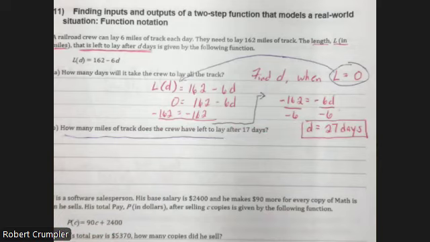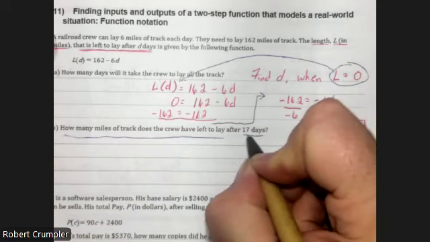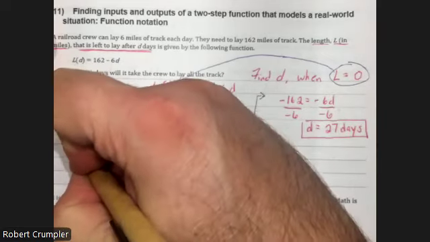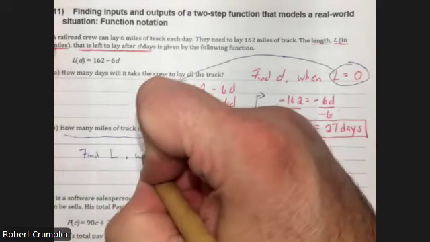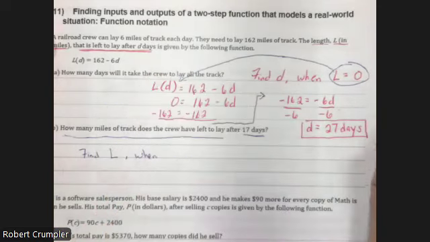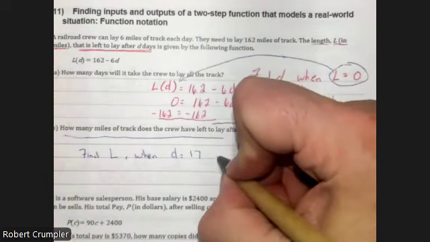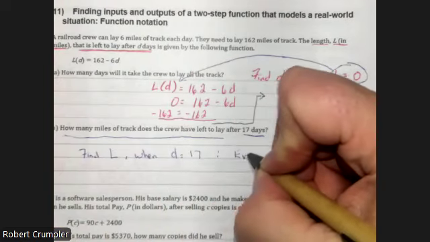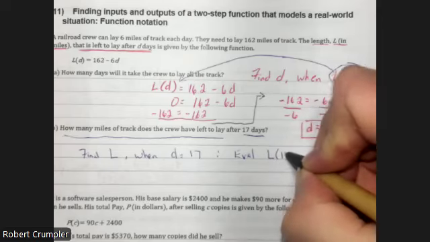That is our L, after 17 days. So this time we want to find L when D is 17. Another way to look at it is we simply want to evaluate L at 17.